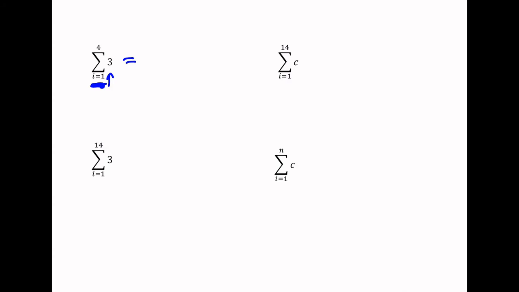So I'm going to keep track in my head: I equals 1, now I equals 2, now I equals 3, now I equals 4. I still am adding this function as I starts here and ends here, but it's just giving me 3 plus 3 plus 3 plus 3.